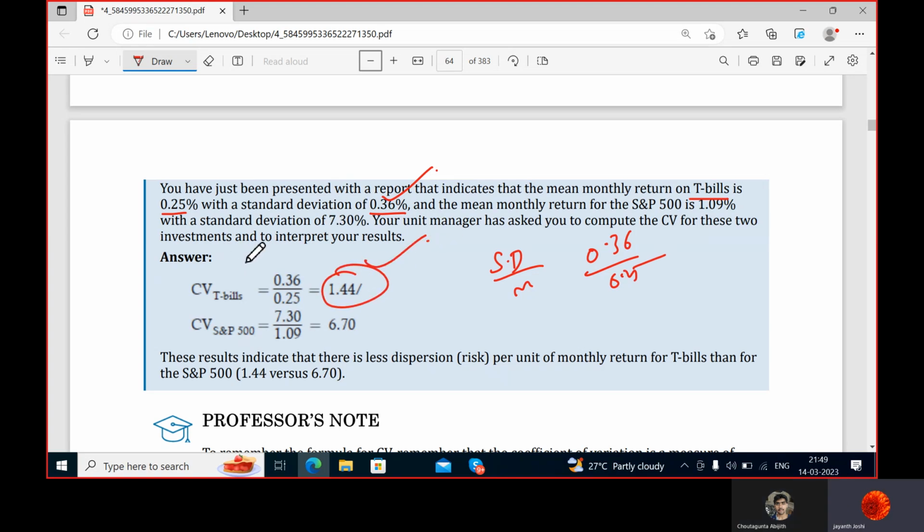And for the S&P, the deviation is this, the mean is this, and the coefficient of variation is this. So what does it show? Which is more volatile, Abhijit? By the numbers, S&P. S&P is more volatile and T-bill is less volatile, correct?